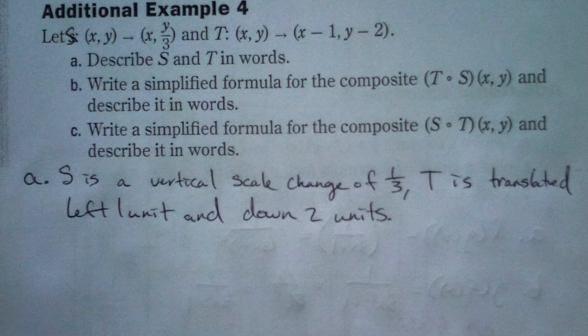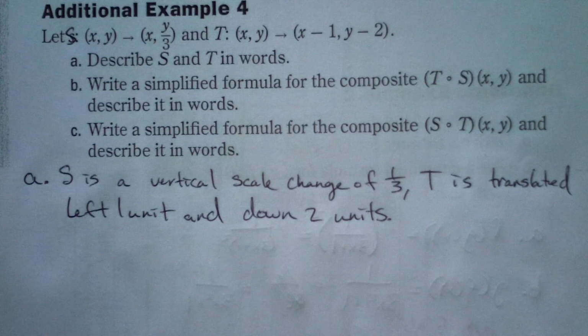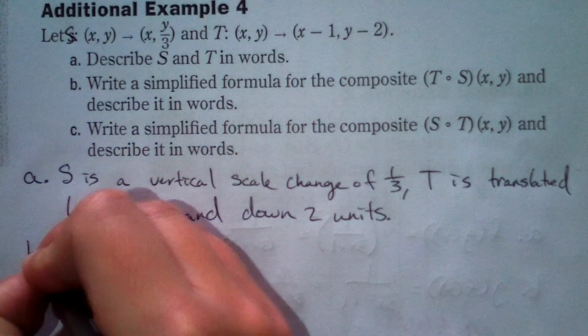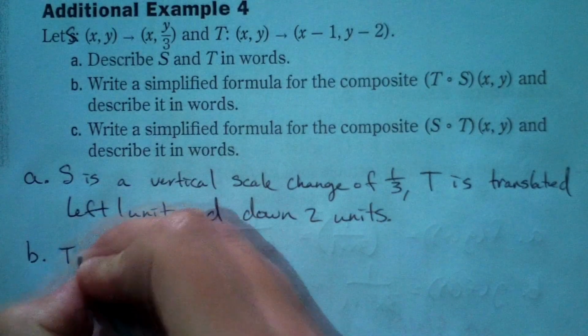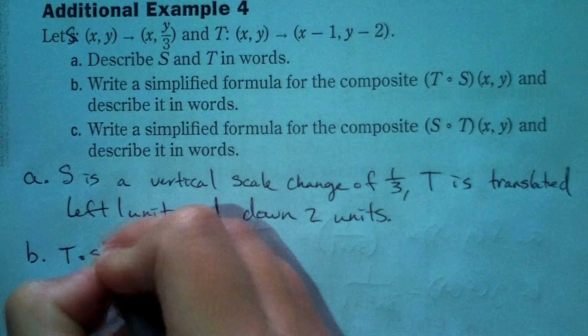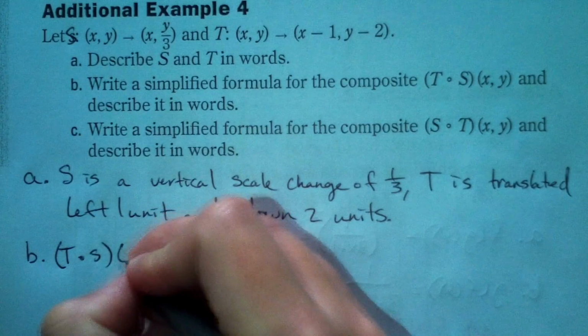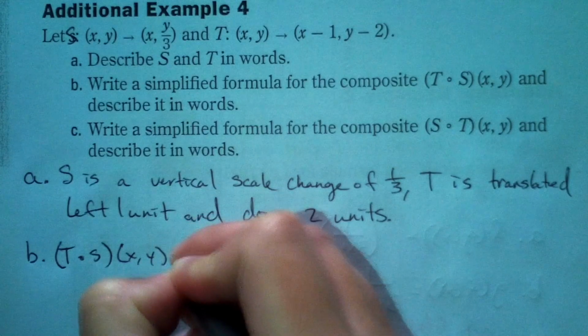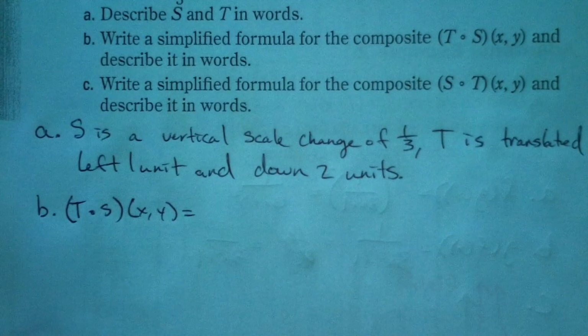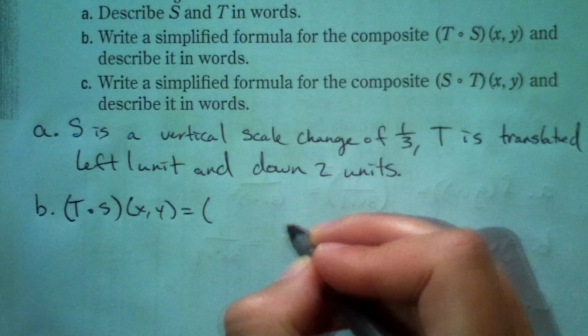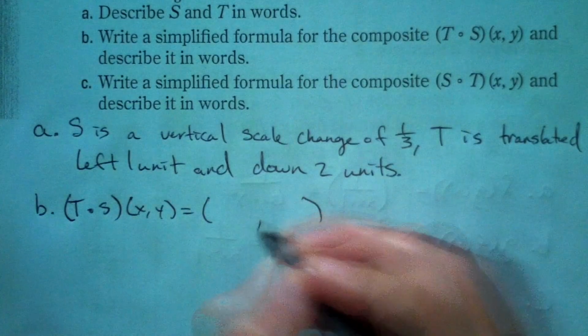But the second one's going to look a little different. So we're taking this chunk here of y minus 2 and putting it into the y spot there. So it's going to be that whole chunk divided by 3, because it's replacing the y. So it would be y minus 2, divided by 3. Just slightly different than the previous one. And then for describing it in words, you just do the translation part first.